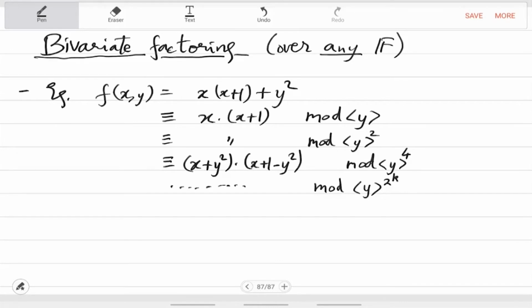This factorization will continue like this, but as you can easily believe, this f is actually irreducible. Okay, so it's an irreducible polynomial, but when you do this fixing thing or going modulo an ideal, it happens to be reducible. Right, so this connection from bivariate to univariate is not so easy.